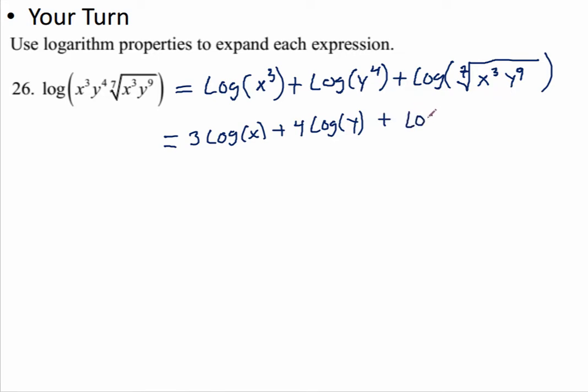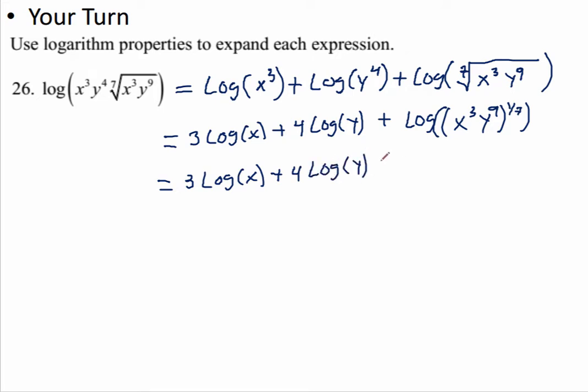I'm going to write this as log of x cubed y to the 9th, to the 1/7, all of that in the argument of the logarithm, okay? All right, so now what's that going to be equal to? Well, that's going to be 3 log of x plus 4 log of y plus 1/7.